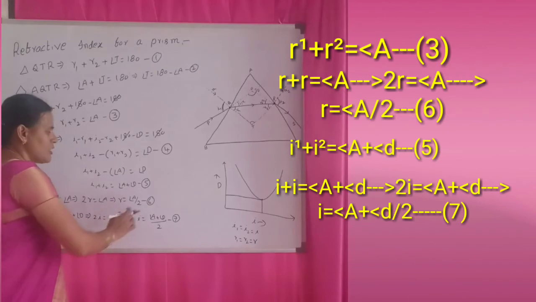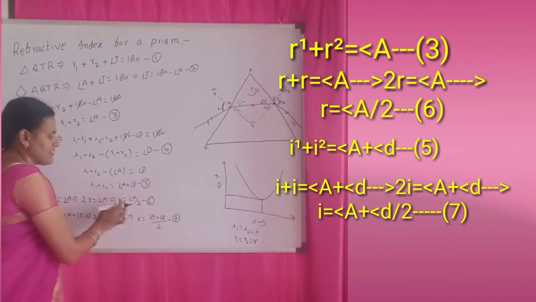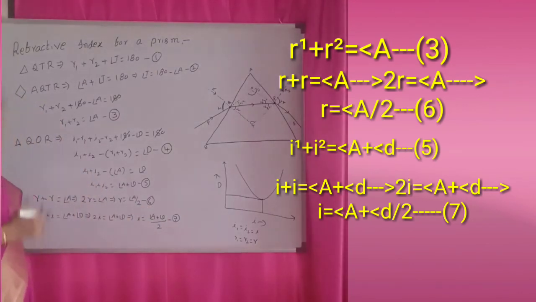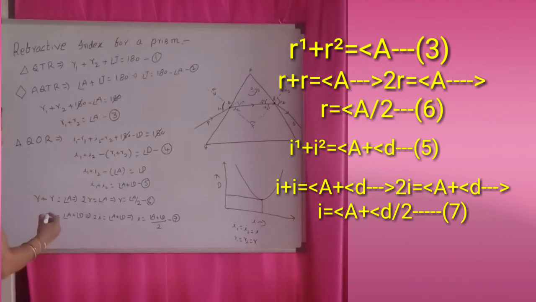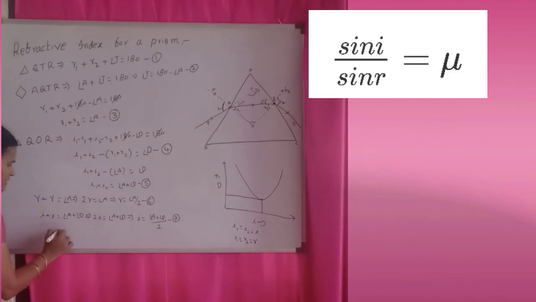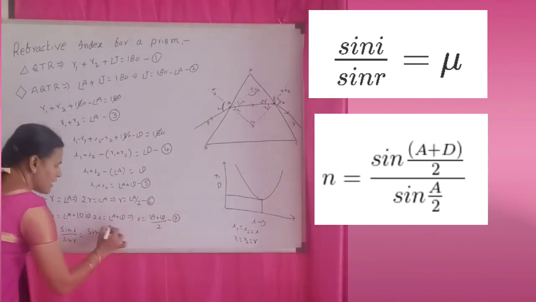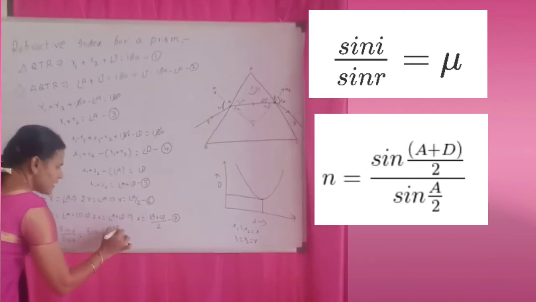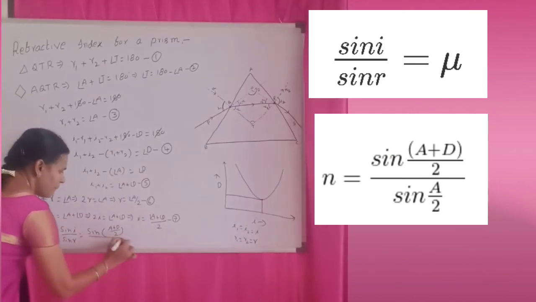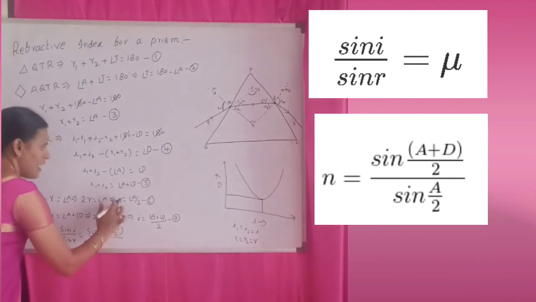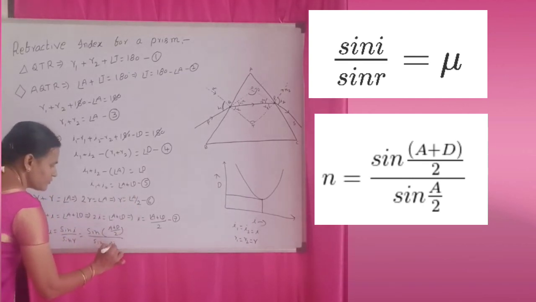So we are getting the sixth equation and seventh equation, the I and R values. Already we know about Snell's formula. What is Snell's formula? Mu is equal to sin I by sin R. So sin I means sin of A plus D by 2, divided by sin R, which means sin A by 2.